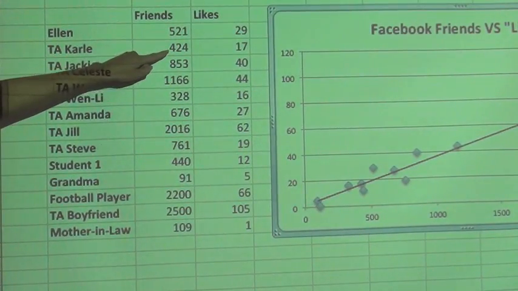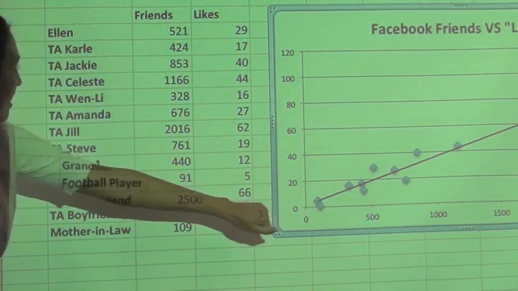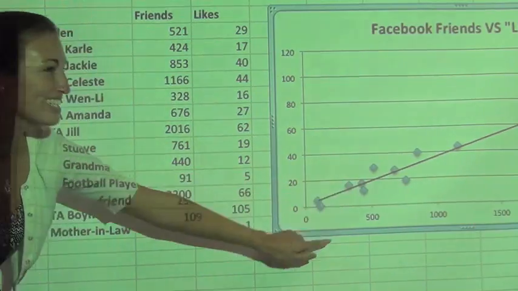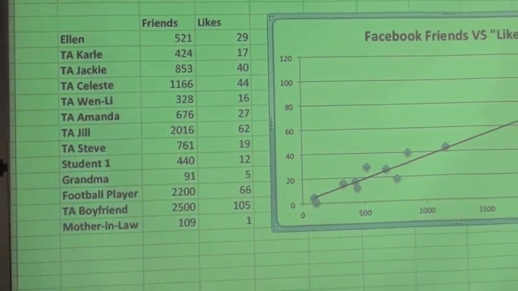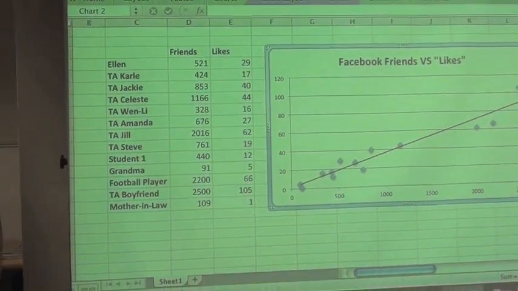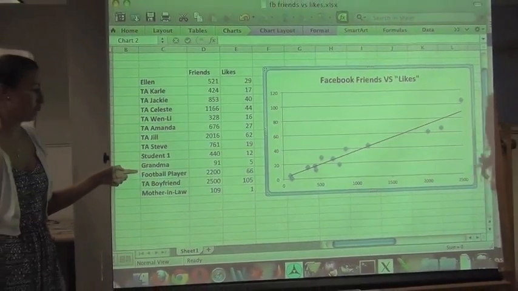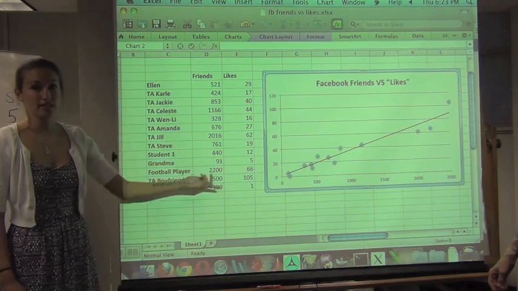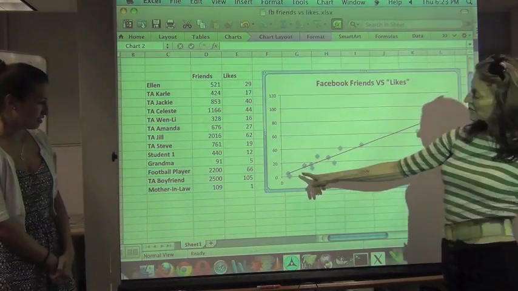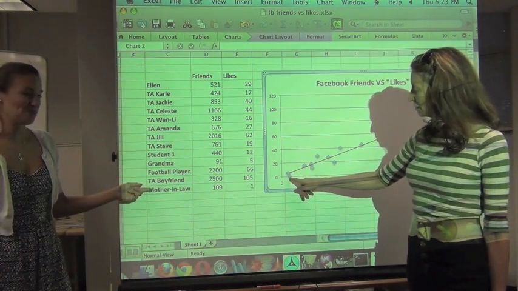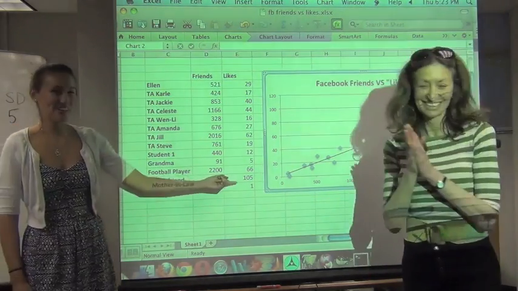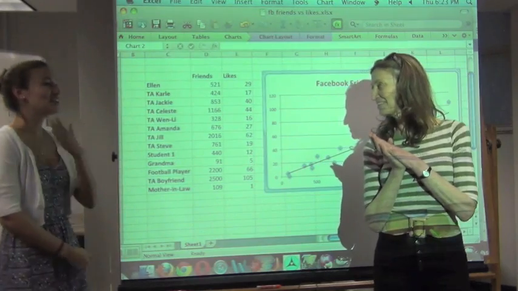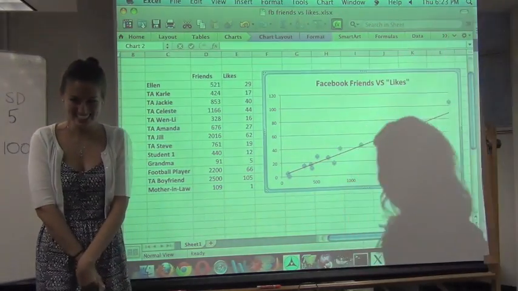I have 424 friends and 17 likes, so you're probably right here. Oh, we're here, pretty close to each other. Yeah, you have more friends than me. Who is this? That is the football player. The football player had a ton of friends, and also had a lot of likes. And this poor person, that's the mother-in-law. Oh, they only had one like. Whose mother-in-law? Yours? No, Jackie's actually. Okay. Well, go ahead.